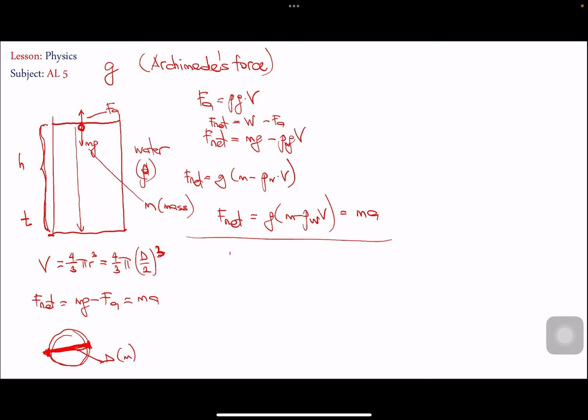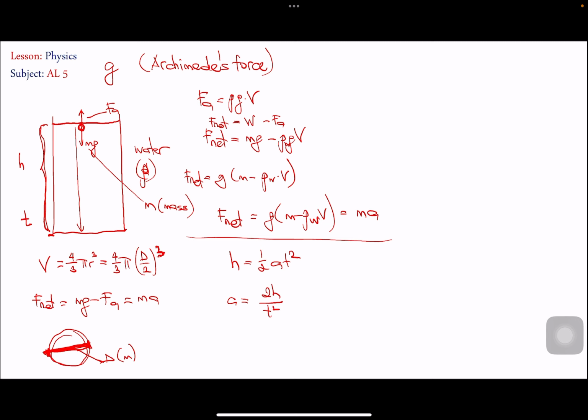How can you find the acceleration? We know that h is equal, in our specific case, to 1/2 a t squared, because the initial speed here is 0. We can't write gravity here, because the acceleration is not equal to gravity. So you may find the acceleration in this way: a equals 2h over t squared.